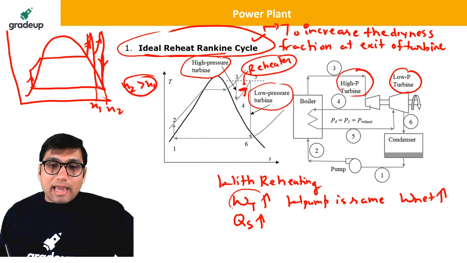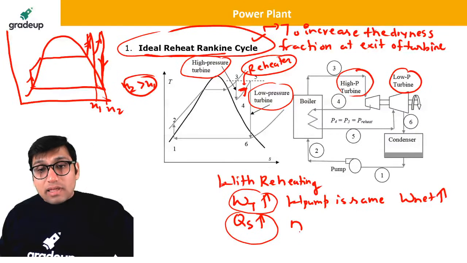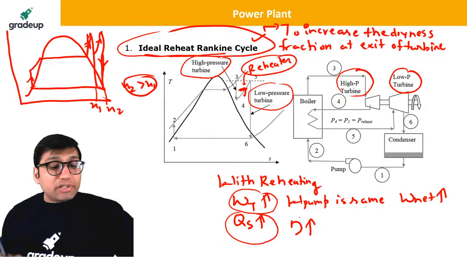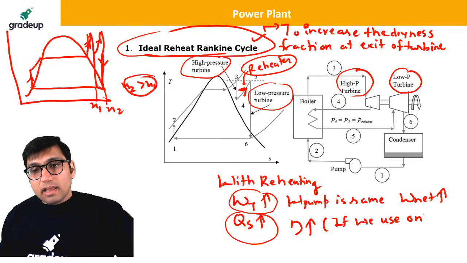So the turbine work has increased. The heat supplied has also increased. Okay, my dear student, try to understand it very carefully. With reheating, only in the Rankine cycle, the efficiency will increase if we use only a single reheater.